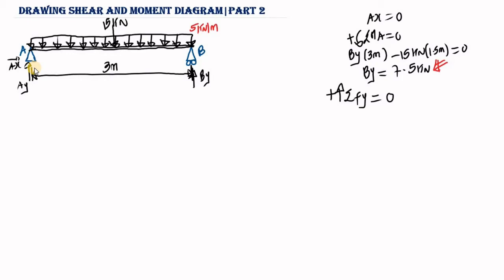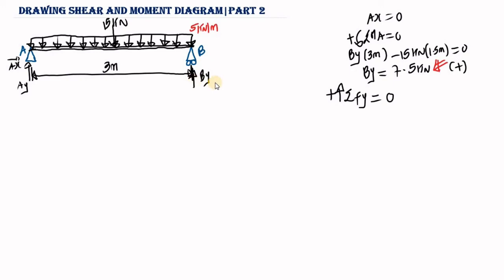As you can see over here, BY is positive, meaning our assumption is indeed correct. BY is indeed acting upward. If we had a negative value, our assumption would be wrong, and BY would be acting downward. Because we have a positive value, our assumption is right.